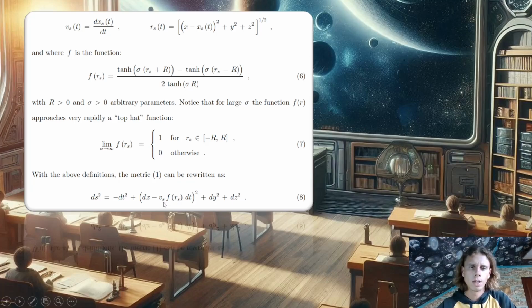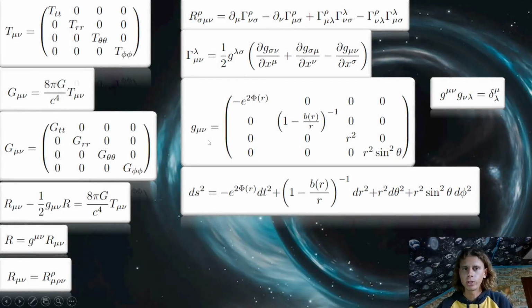And for example, if I substitute the speed equal to 0, this metric will be transformed to the simple flat Minkowski spacetime.